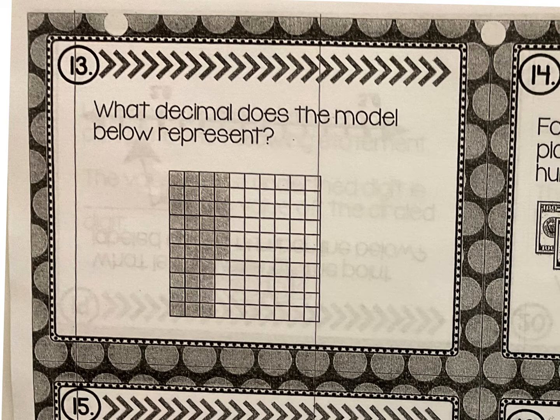What decimal does the model below represent? What decimal is this? First of all, when I'm looking at this, are you going to be thinking tenths or hundredths? Hundredths. How many hundredths are there? Well, let's count them together. I know that this is 10, 20, 30, 31, 32, 33, 34, 35, 36 hundredths.